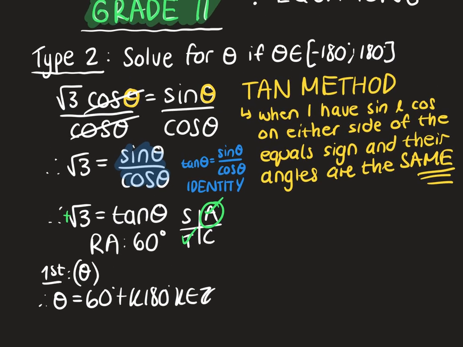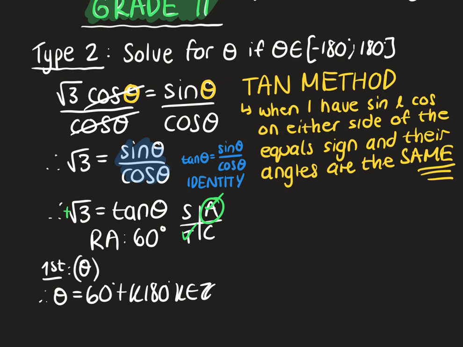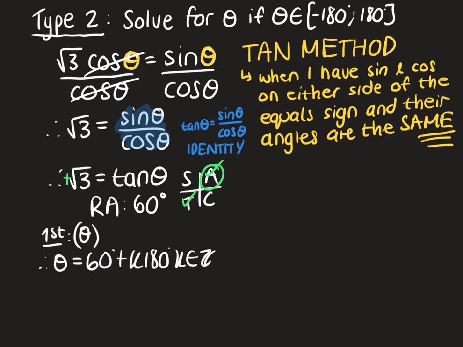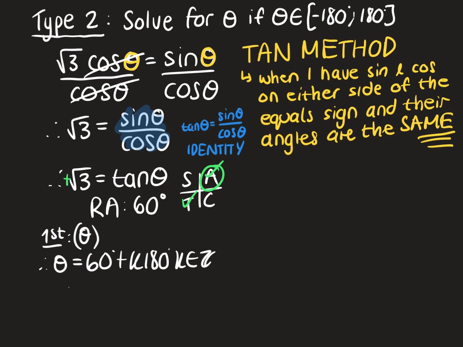But what did they give us in the beginning? They gave us a domain, right? So that means we need to sub in values for k until it falls out of my domain. So if k equals 0, therefore theta equals 60 degrees. Yes, that falls within my domain. If k equals 1, definitely out, right? Because then it would be 60 plus 180, which is 240.